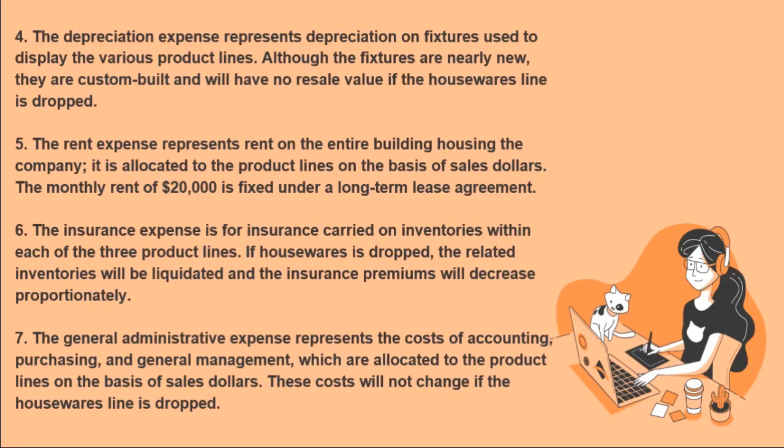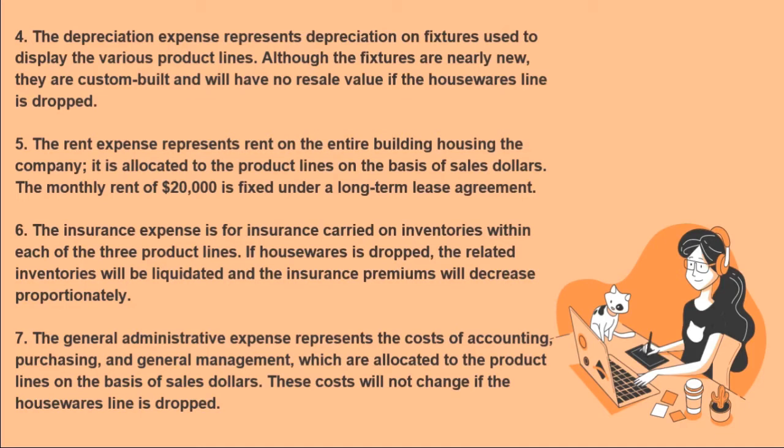5. The rent expense represents rent on the entire building housing the company. It is allocated to the product lines on the basis of sales dollars. The monthly rent of 20,000 pesos is fixed under a long-term lease agreement. 6. The insurance expense is for insurance carried on inventories within each of the three product lines.